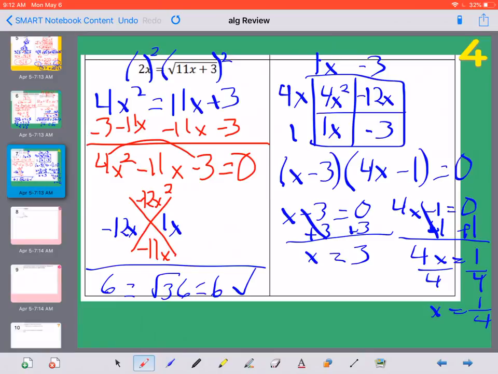Now if I put in negative 1/4, 2 times negative 1/4 gives me negative 1/2. I can't get a negative number, so that is my extra solution. Negative 1/4 is my extra solution, or extraneous solution.